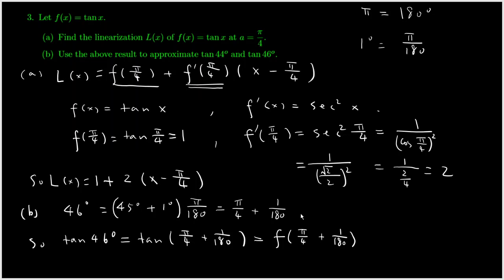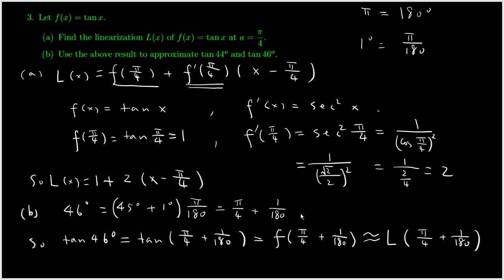Because 1 over 180 is a very tiny number, this can be approximated by the value of the linear function at pi over 4 plus 1 over 180.